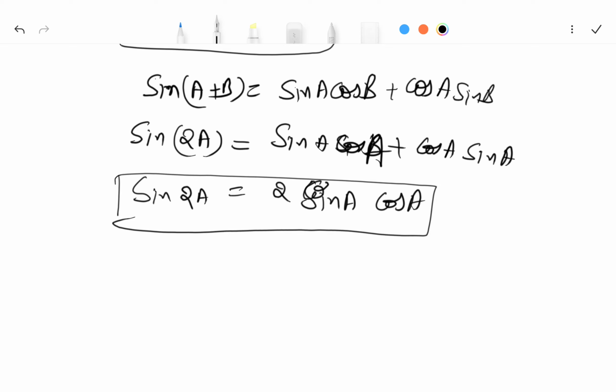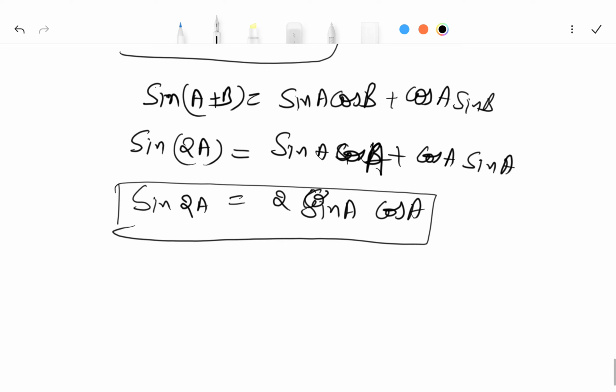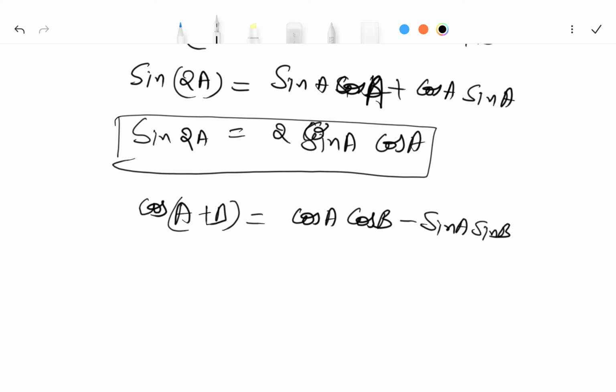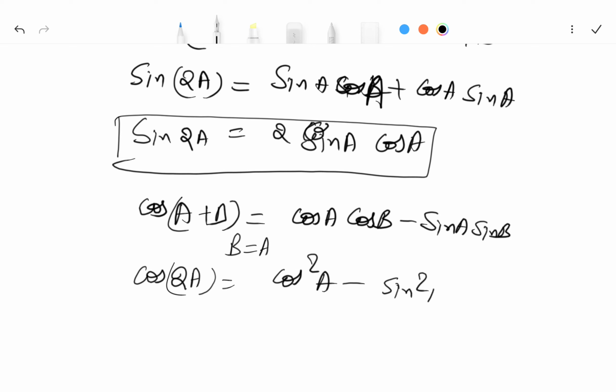Now I will try the second formula. What is cos A plus B? Cos A plus B equal to cos A cos B minus sin A sin B. If I substitute B equal to A, then I will get cos 2A equal to cos square A minus sin square A. This is another formula.